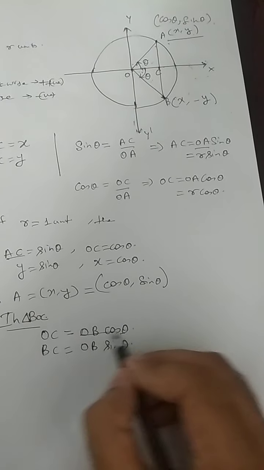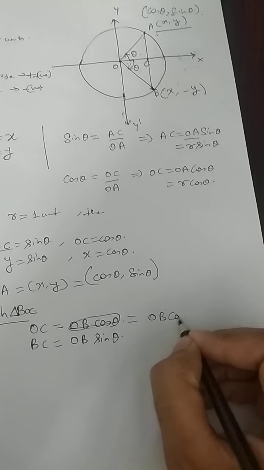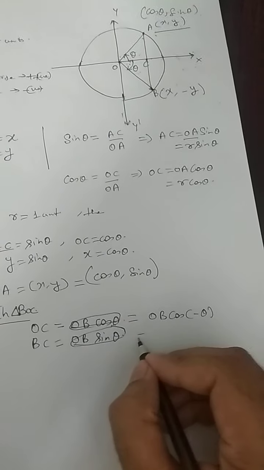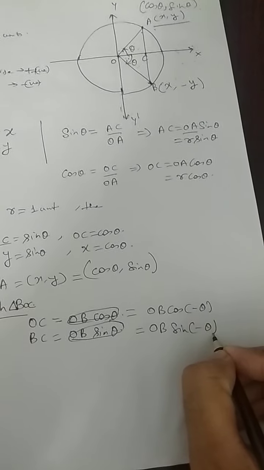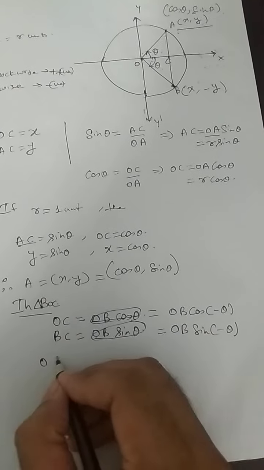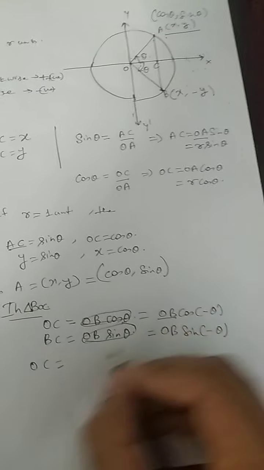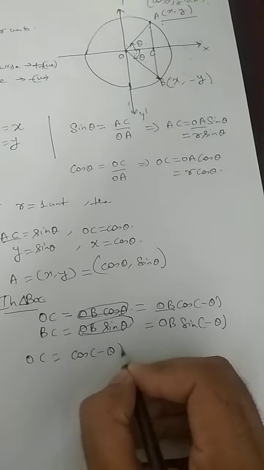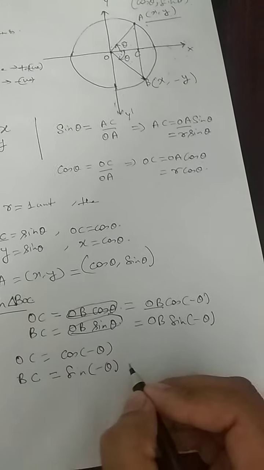Therefore, this can be rewritten as OB cos of minus theta, and this will be rewritten as OB sin of minus theta. Thus, OC is equal to OB, that is 1 unit for this case, that means cos of minus theta, and BC is sin of minus theta.